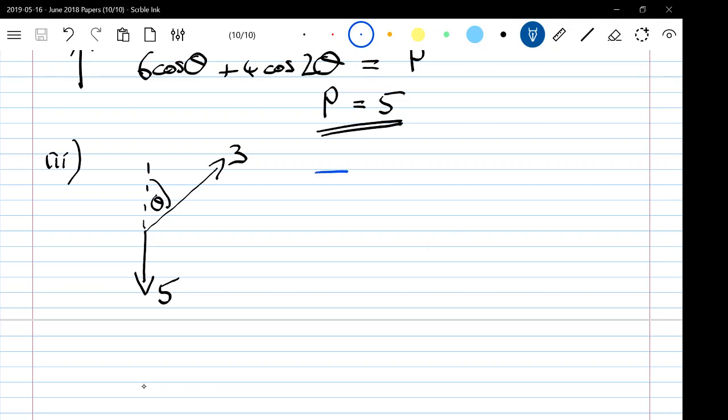So in the horizontal direction, the force that's across is 3 sine theta. In the vertical direction, the force that's vertically upwards is 3 cos theta take away 5.